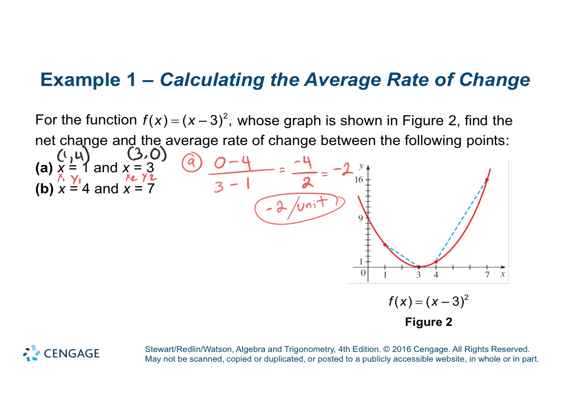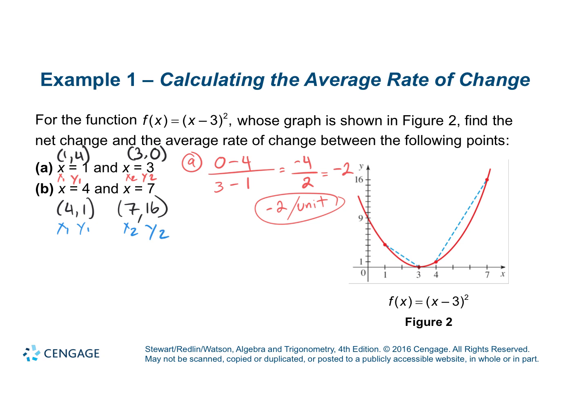Now, let's figure out the points for B. When x is 4, it's going to be (4, 1). And when x is 7, it's going to be (7, 16). Now, I am going to choose, again, this is x1, this is y1, this is x2, this is y2.